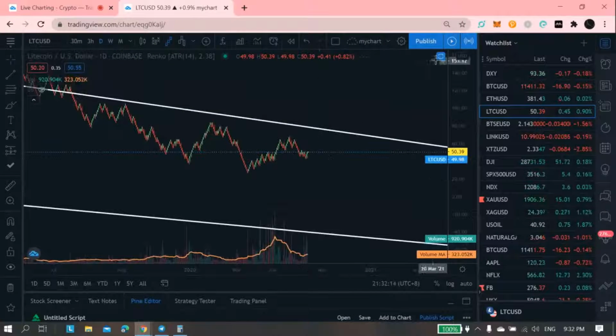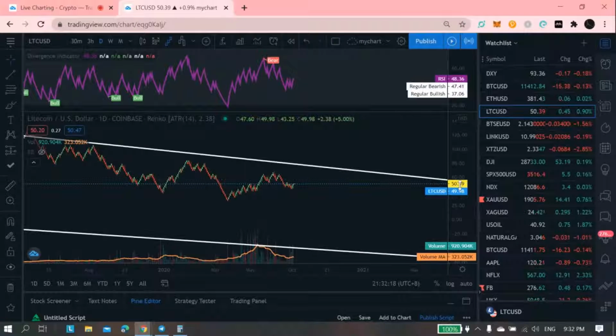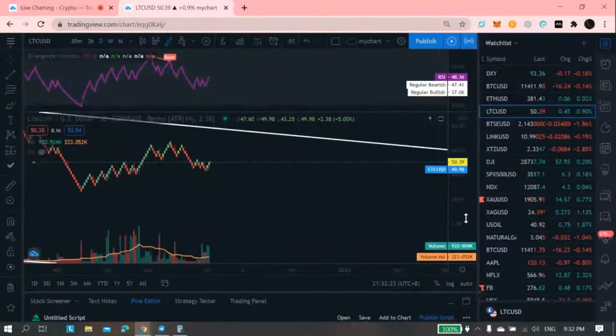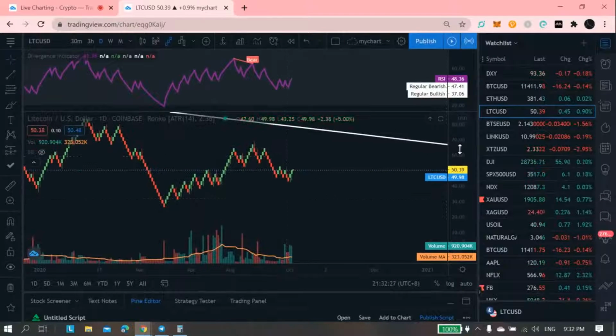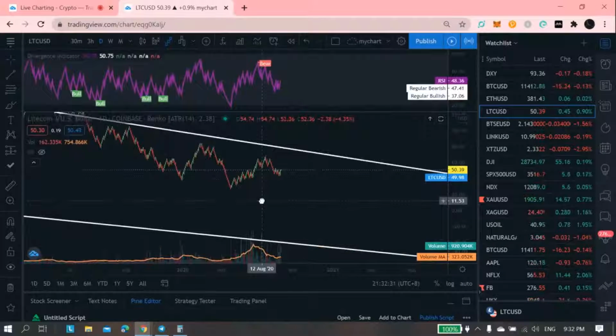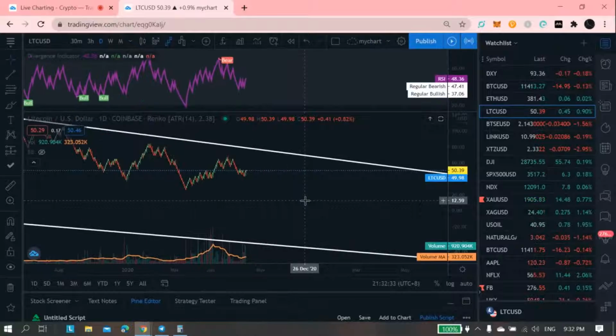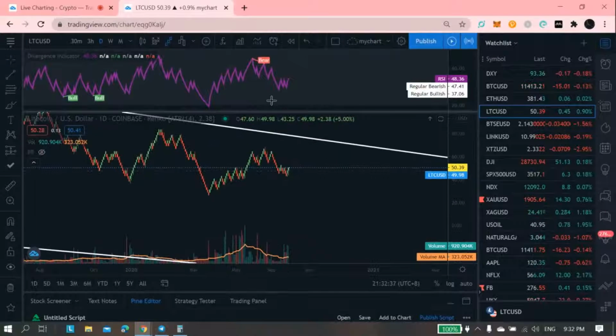So I entered long here because I see a bullish divergence around this area.